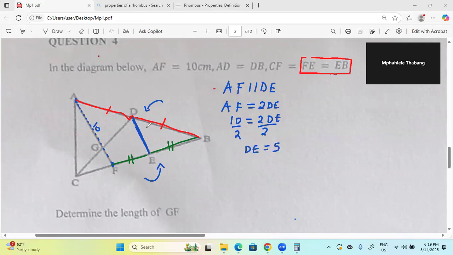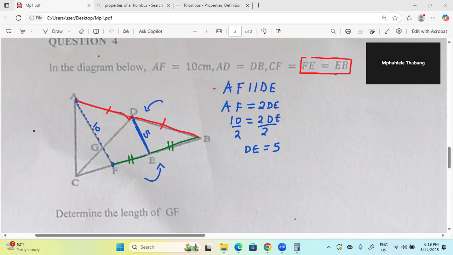So DE is 5. They are looking for GF, but we are busy finding sides such as DE, but you'll see how this will help us.